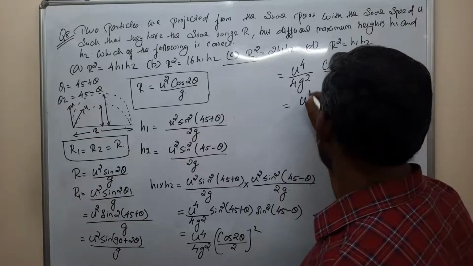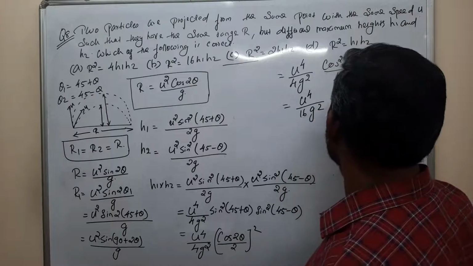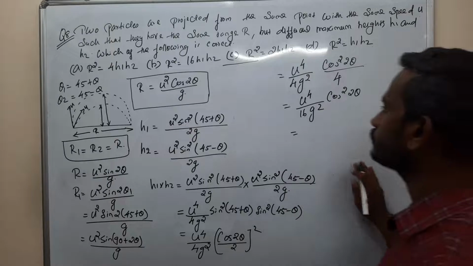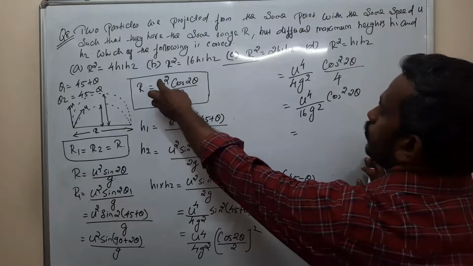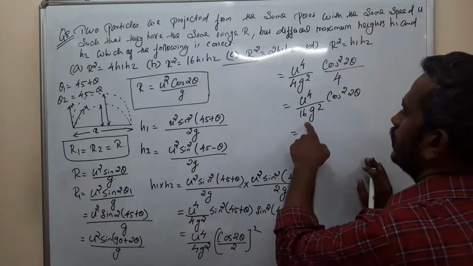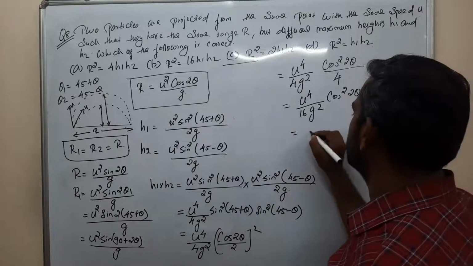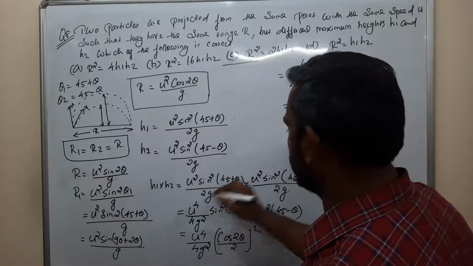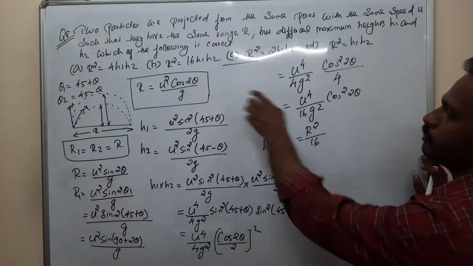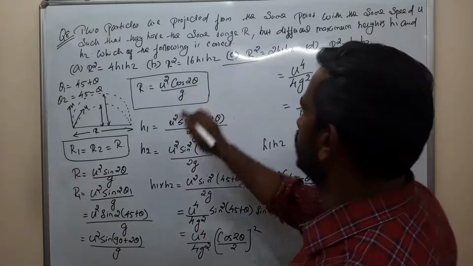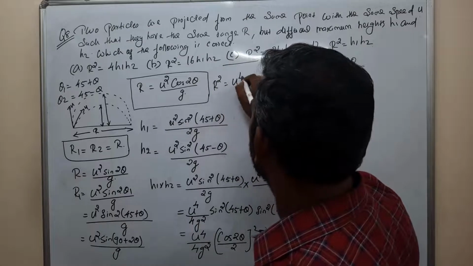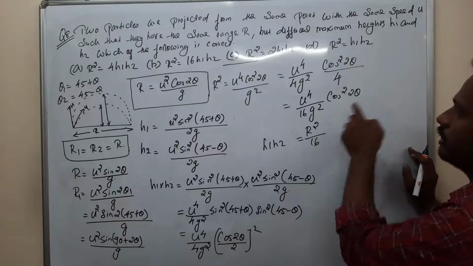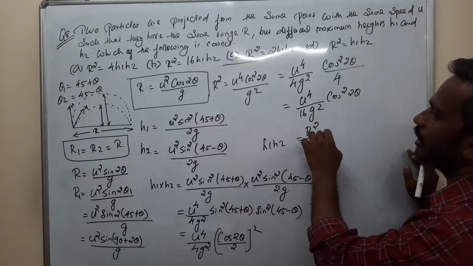So that's equal to u⁴ cos² 2θ divided by 16g². From the equation R = u² cos 2θ / g, R² is equal to u⁴ cos² 2θ divided by g². So for that we can put R² divided by 16 remaining.